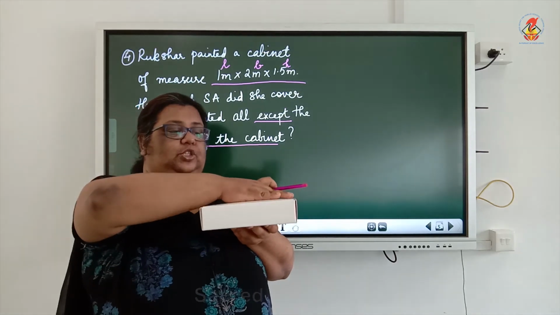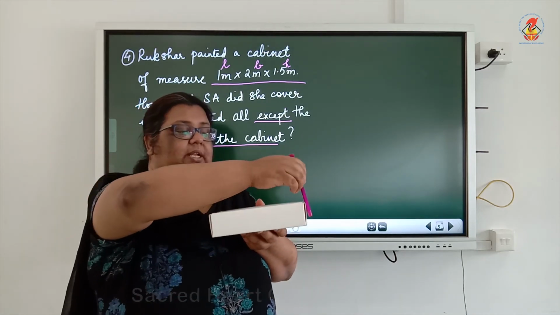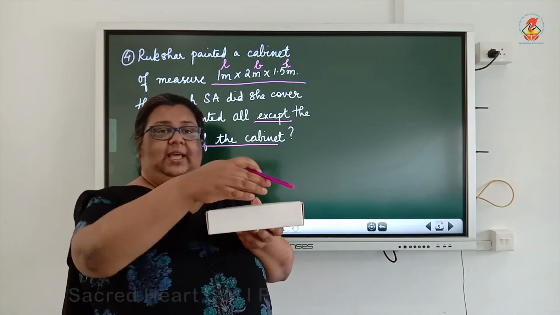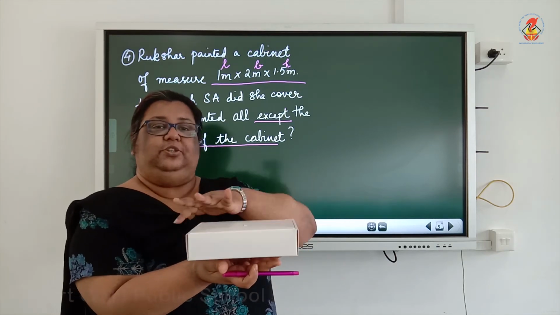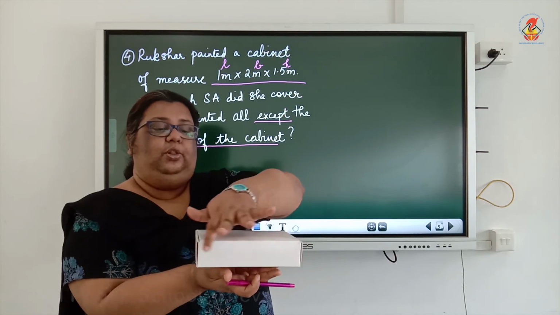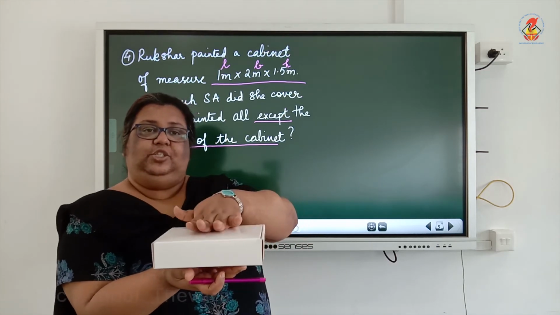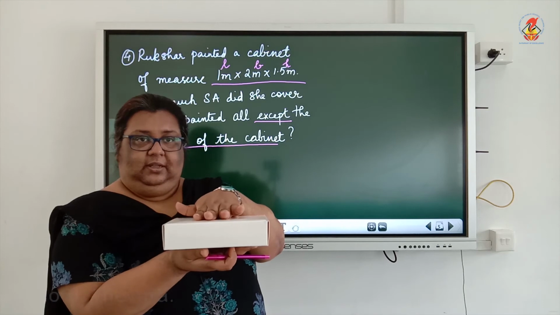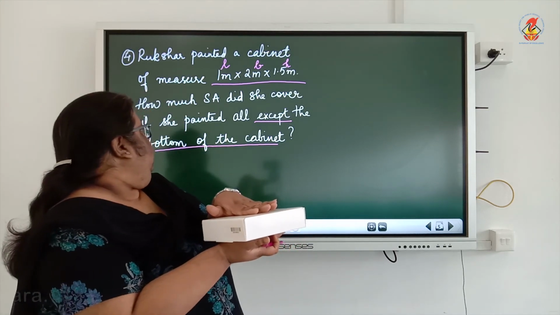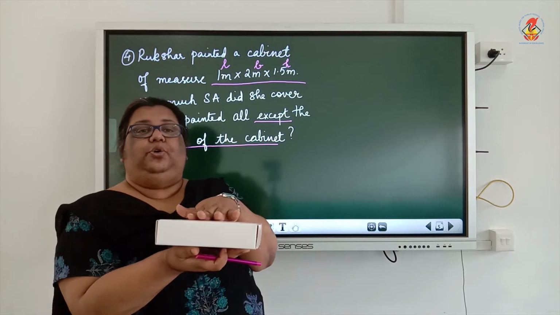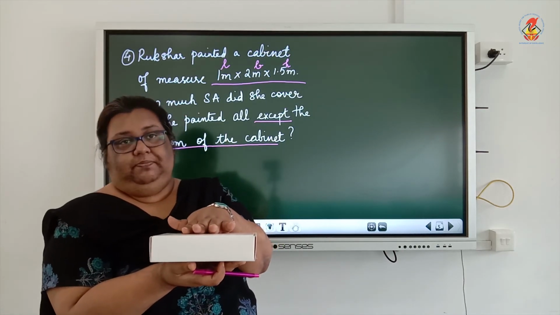She painted the top part, she painted all the four sides. Except the bottom part, she painted the rest of the sides. That means all the four sides plus the top part she painted.